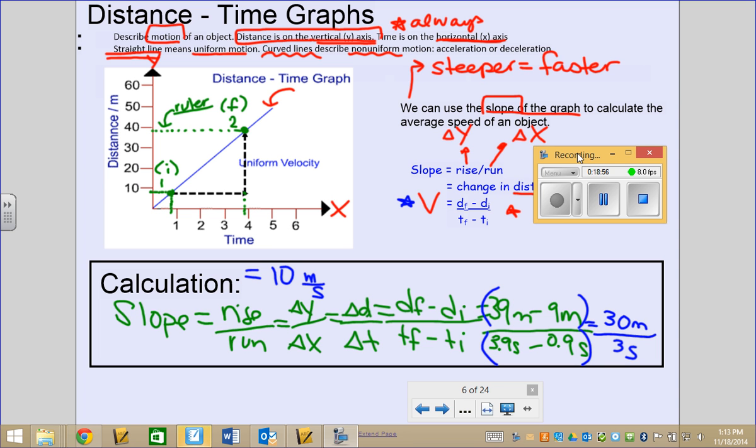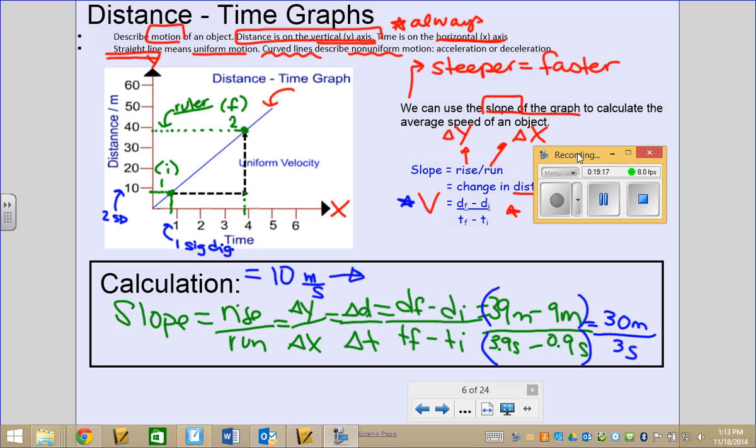Now, if I'd like to be more precise, my answer should probably only have 1 significant digit. If I look at the values up here, these all have 2 sig digs, but these all only have 1 significant digit. So I'm going to put my answer with 1 significant digit.